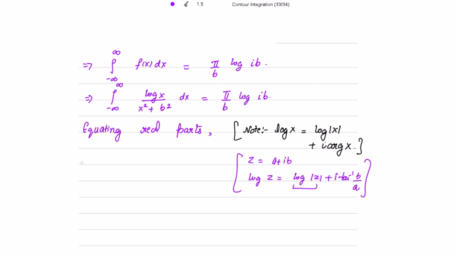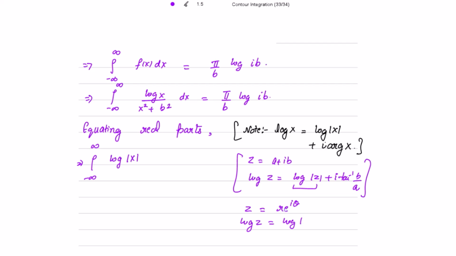Now here I have x, but the imaginary part is 0 for this number. So equating the real parts, we get the integral from minus infinity to infinity, please take log of mod x. But if you have a circle, because this is for z equal to a plus iota b along the lines, for a circle we have z equal to r e to the power iota theta, right? So log of z equals log of mod z.